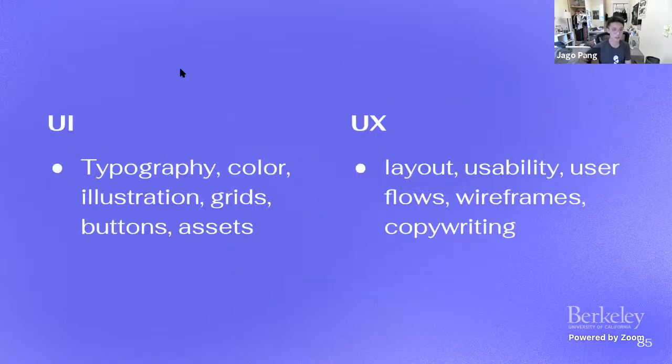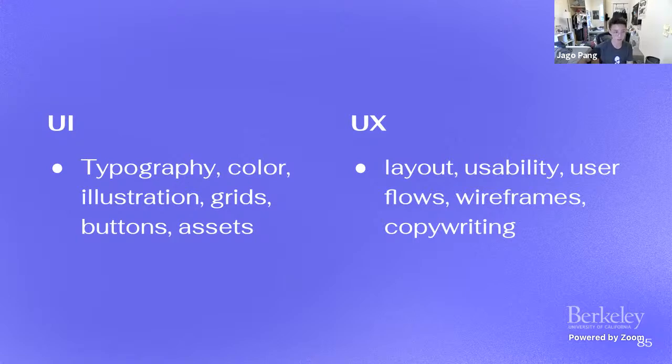In terms of deliverables, UI is mainly focused on typography, basically branding, color, illustration, grids, buttons, assets, patterns, and so on and so forth. And for UX, typical deliverables might be layout, usability, making sure that the interface is usable and accessible, and user flows.